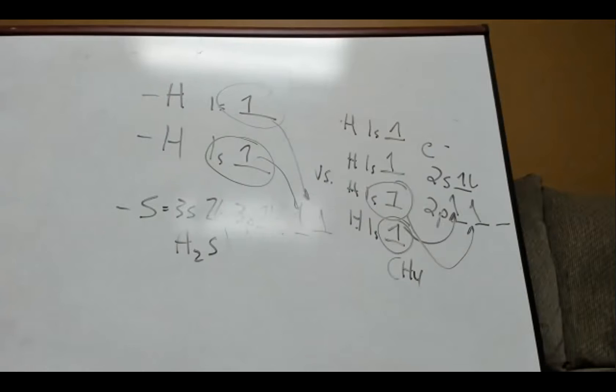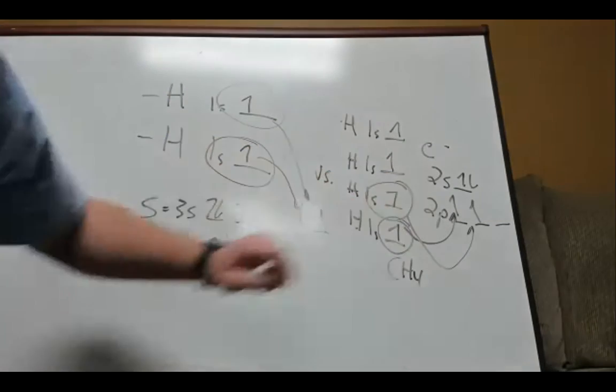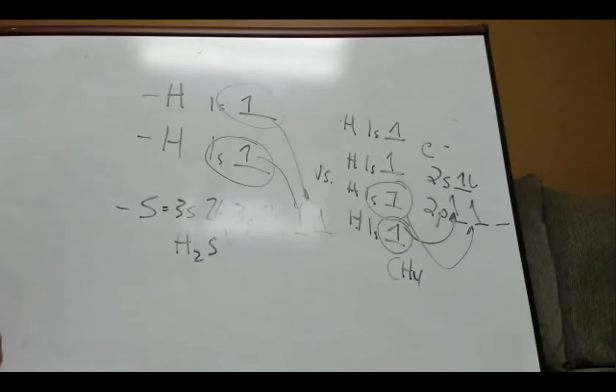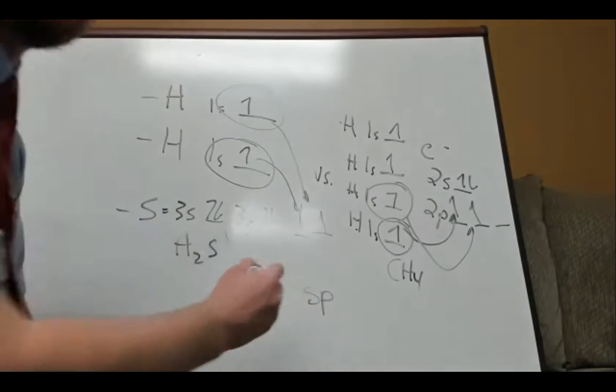So what scientists have done is ask, what would happen if that S orbital and this P orbital were to combine and hybridize into what's known as an sp orbital?